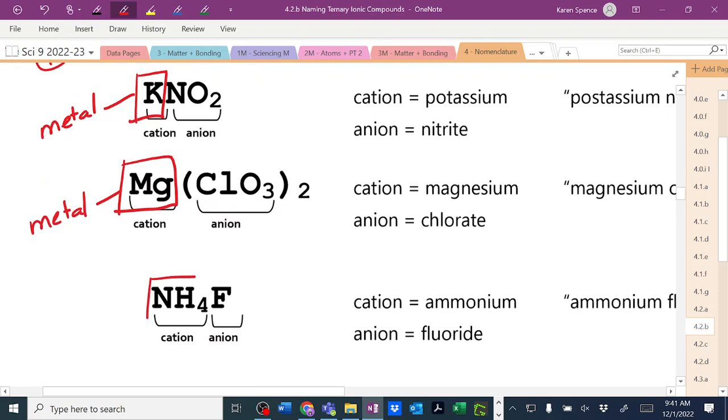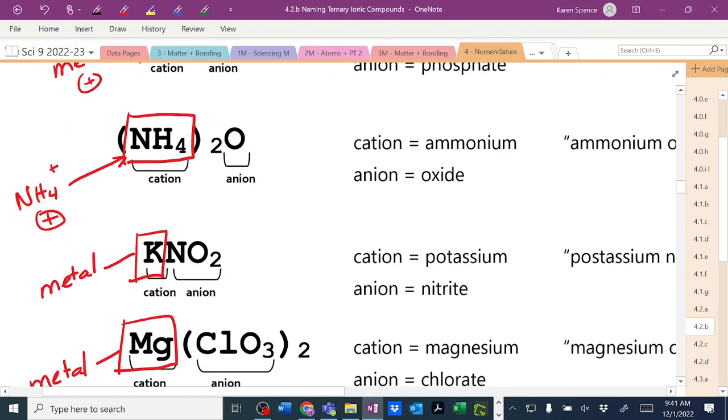NH4, that's the one you have to watch out for. That's the new one. NH4 is the cation. Once you've found your cation, everything else is the anion. I don't care if it goes on for like 3 paragraphs. Everything else is one single anion, just one type of anion.